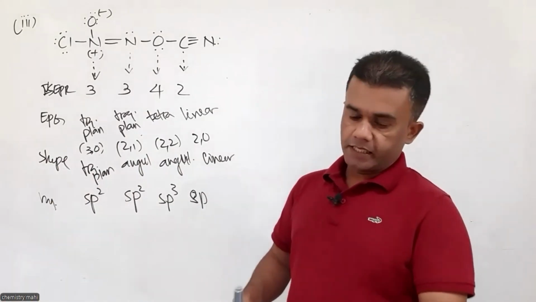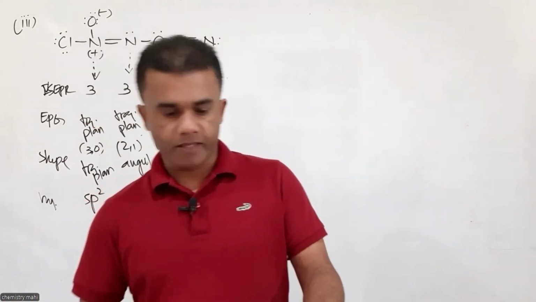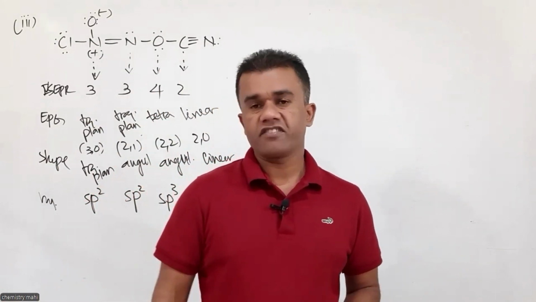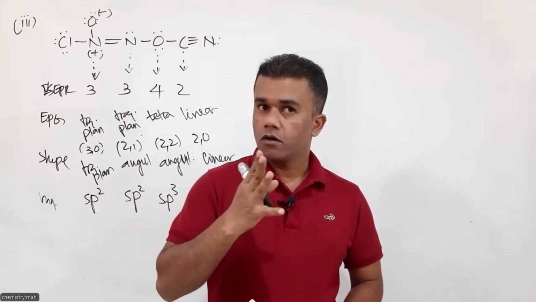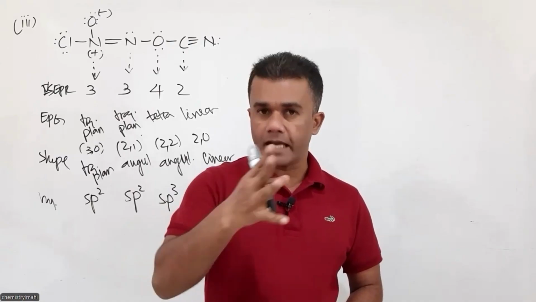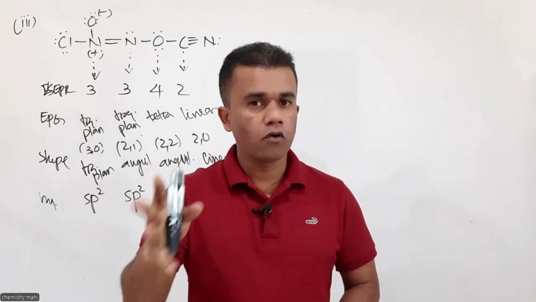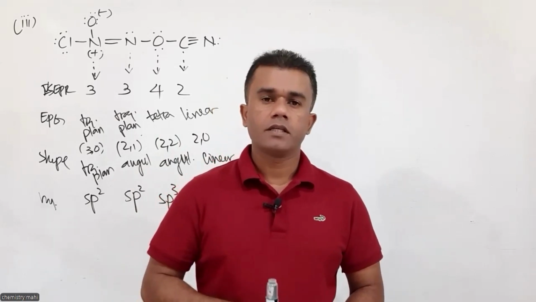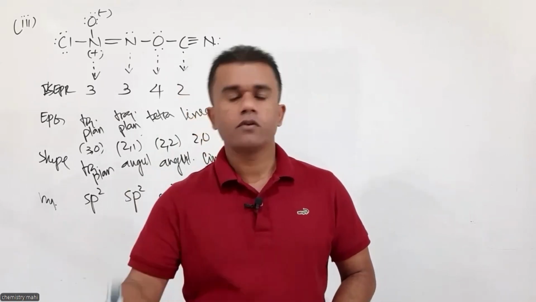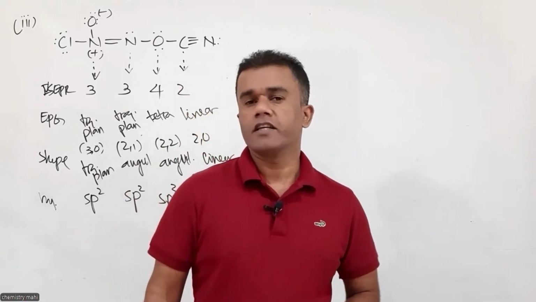The fourth part is to identify the atomic or hybrid orbitals involved in the formation of sigma bonds. Sigma means linear overlapping. In linear overlapping, atomic orbitals can overlap linearly, hybrid orbitals can overlap linearly, and atomic and hybrid also can overlap linearly.